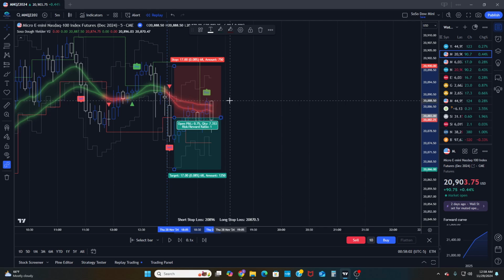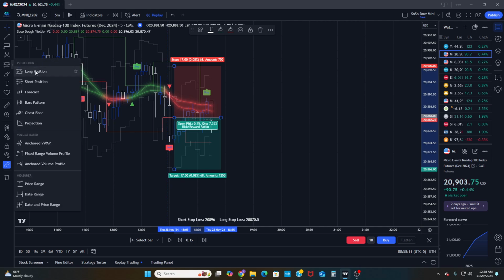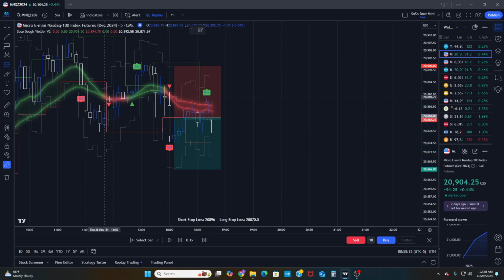Technically, since we have a break above this green level here, that is a valid B trade entry. So if you wanted to add to this trade, that would be the location to do it. Remember, a B trade is when we have a downtrend and we get a signal in the opposite direction of the trend. So this would be considered a B trade.